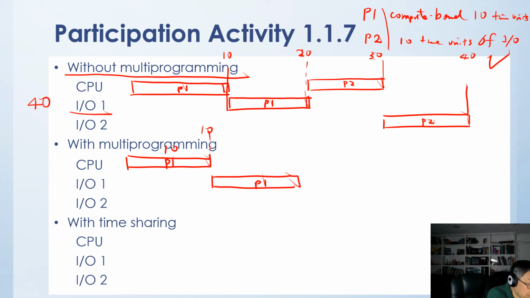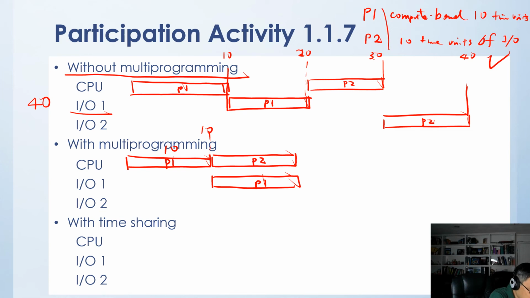During this time, the CPU is idle. So the operating system says, because I'm supporting multi-programming, I'm going to load program 2 into the CPU. In this case, both P1 and P2 are running concurrently, which is good, right?